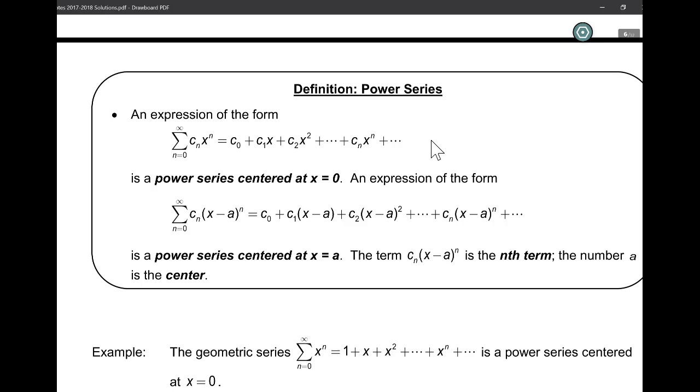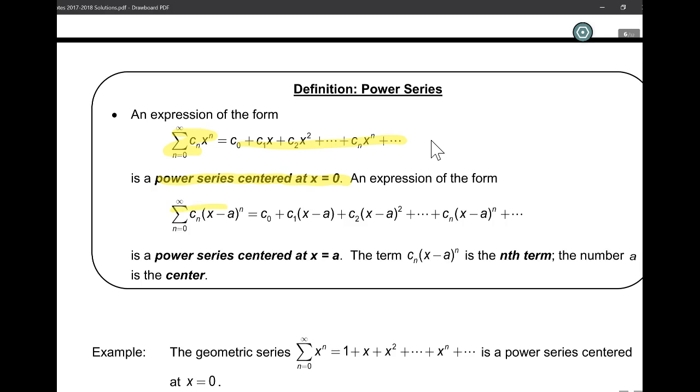Next page, we want to look at a power series. Power series, this is a series, not necessarily geometric, although geometric is a type of power series. And here's the form for that. So here's your power series. And we say the power series is centered at x equals 0 for something like this.